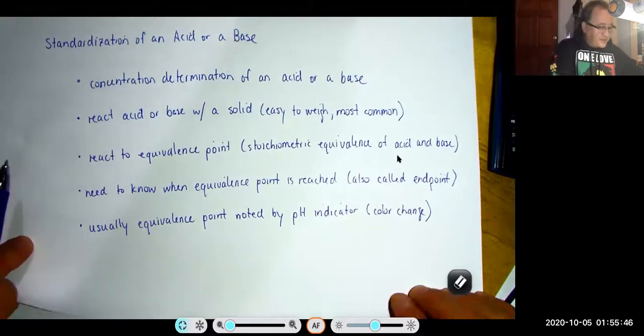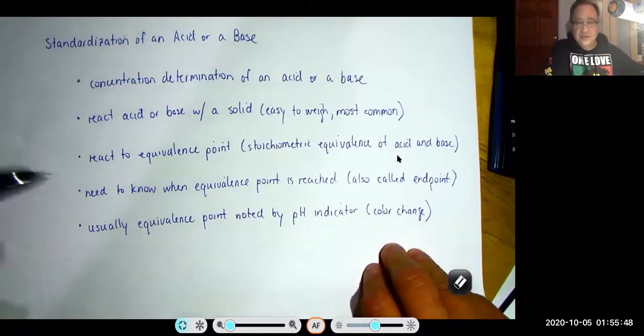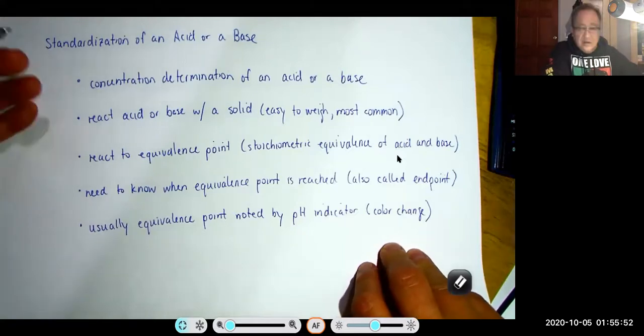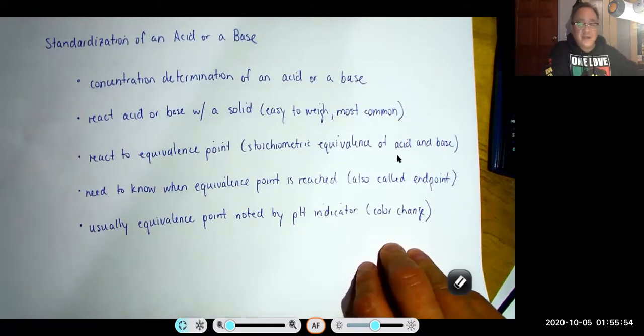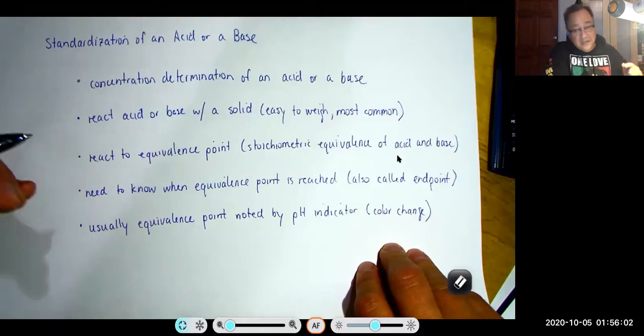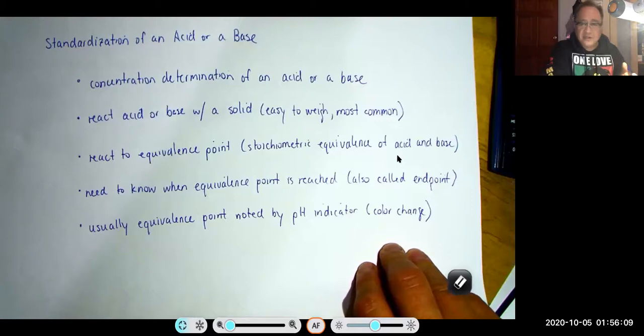Okay, so what makes this different than an acid-base titration is that usually you're going to titrate, if you will, or standardize against a solid base or a solid acid. The reason being is that it's easy to weigh the solid acid or the solid base and know precisely how much acid or base you have. Whereas if you have a solution, you're not sure of the concentration, you don't really know how much acid or base you have.